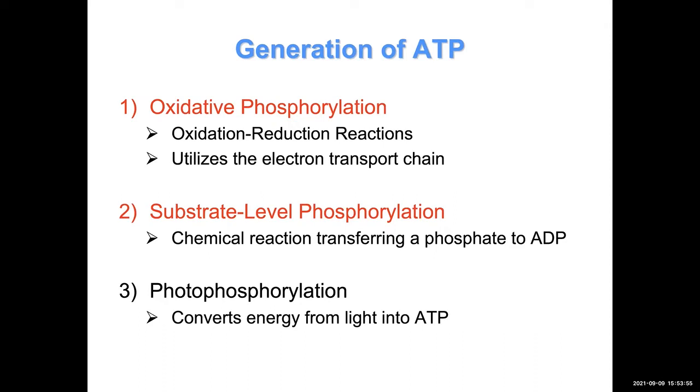In other words, substrate level phosphorylation will generate ATP directly in that pathway. Nothing needs to travel to the electron transport chain.